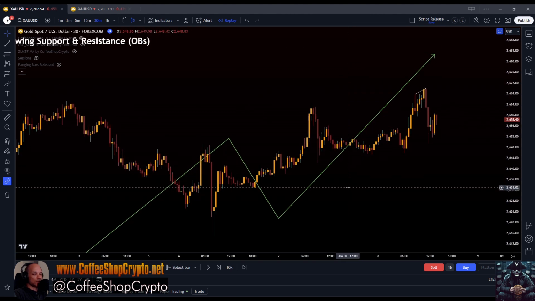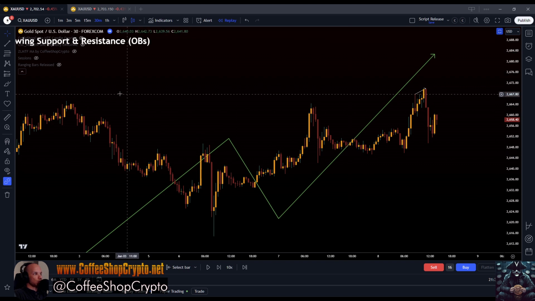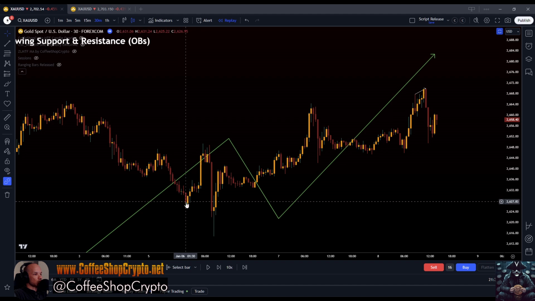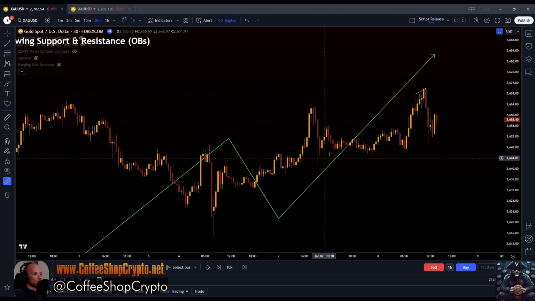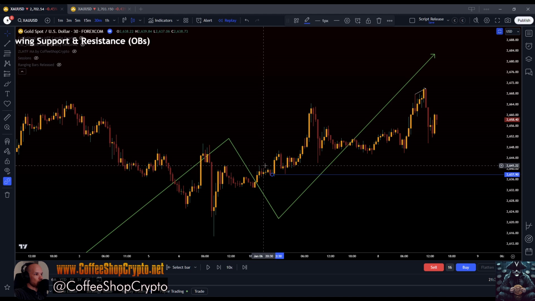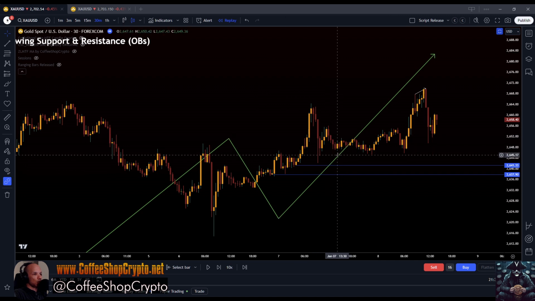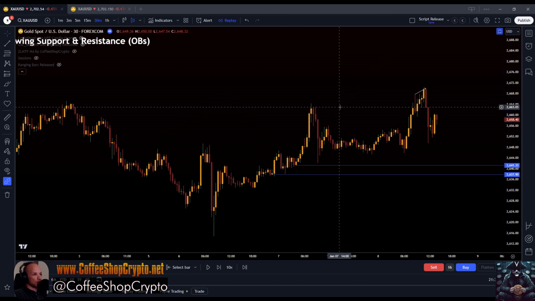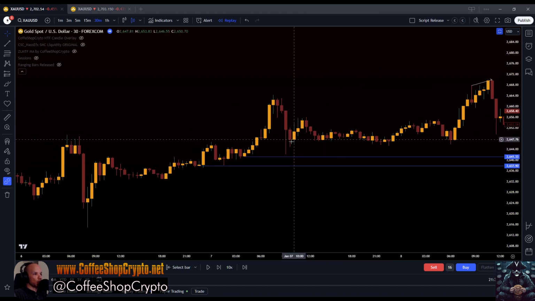So you would use the same methodology as you used to find the breaks of structure that got you to these downward moves. You want to find the breaks of structure that get you these upward moves. And those are going to be the points where structure is broken in a nice clean move. You need to have that there. You just have to get used to understanding that you cannot take just any price action swing, right?